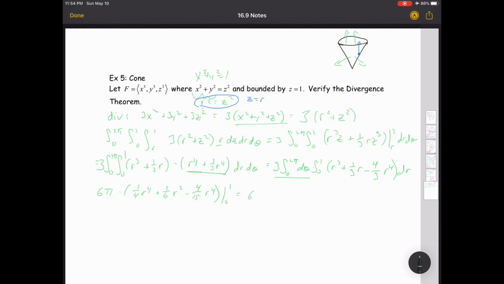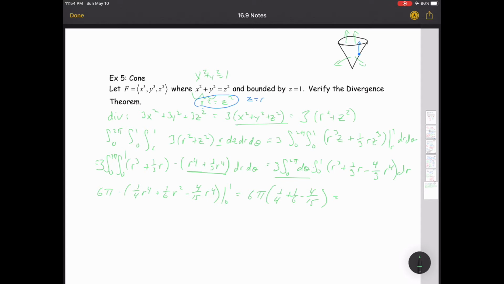So let's see what we get out of this. 6 pi. Plugging in a 1, you're just going to get 1/4 plus 1/6 minus 4/15. Plugging in 0 gives us nothing, so we're going to have to get common denominators here, or maybe I can multiply that 6 pi through and simplify some things. Maybe easier to do it that way. Yeah, let's multiply the 6 pi through.